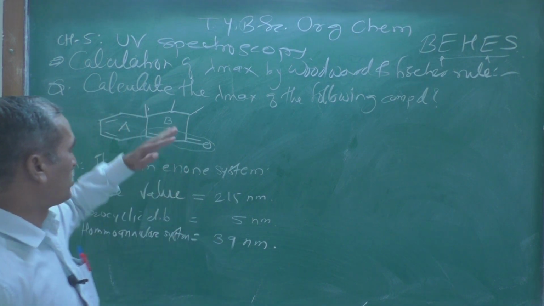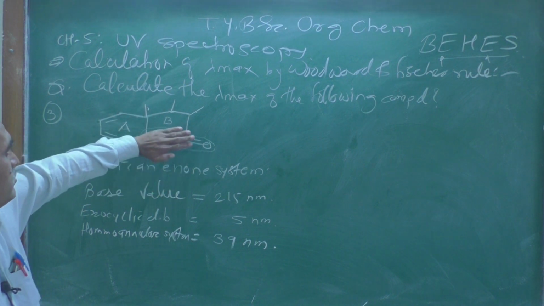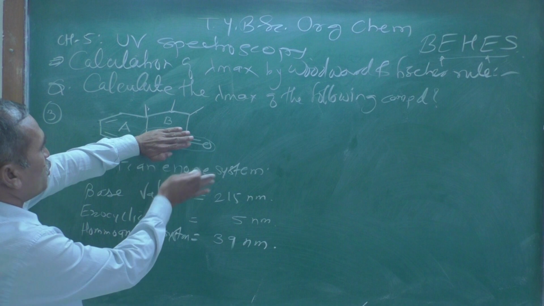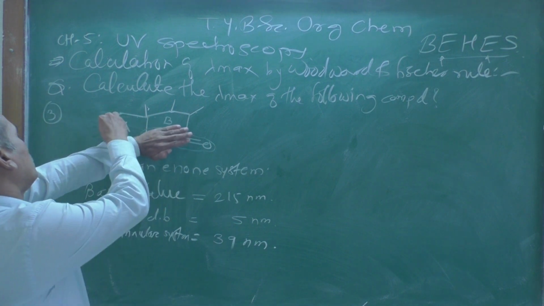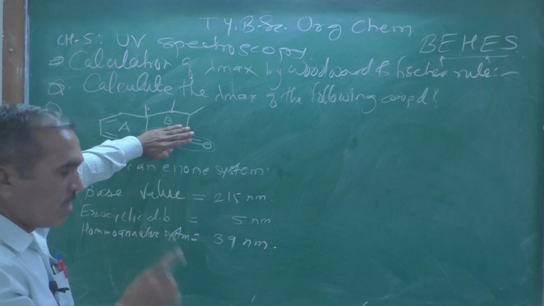Remember, here is an enone system, and excluding the enone system, count how many double bonds there are.